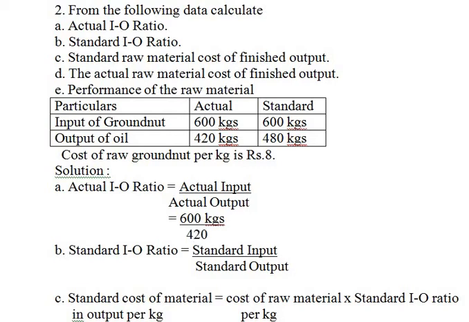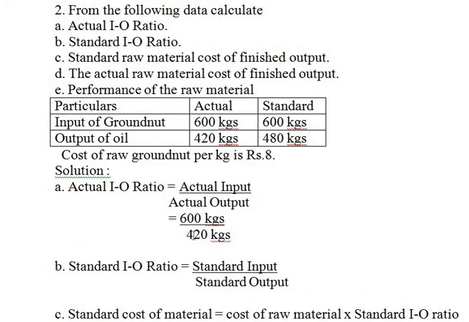So that will be equal to 1.42. If you want to find out a ratio, then you have to multiply it with 100. Okay, now first we have calculated actual IO ratio is 1.42.